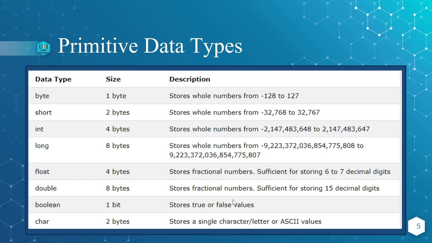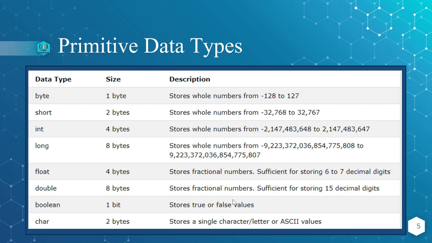Let's see primitive data types in detail. If you want to know the size of the primitive data types, this is the table where you can refer and understand easily. For the data type byte, it has 1 byte where it can store whole numbers from -128 to +127.